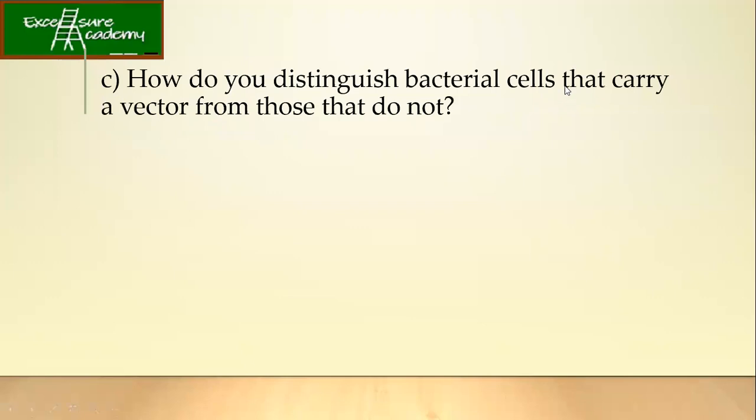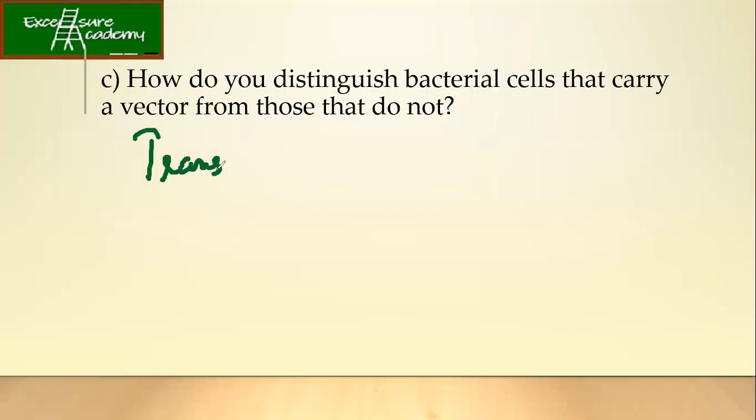Okay. How do you distinguish bacterial cells that carry a vector from those that do not? So, as I just mentioned, only the bacteria which are resistant to the ampicillin are called the transformed cells. If you're thorough with your concept, you'll understand that.